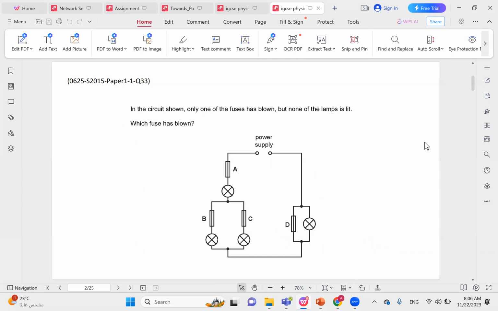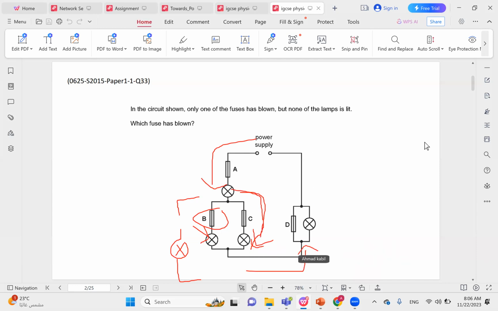If I remove B, if I remove this fuse here, then this will be an open circuit. So the lamp here will not light up because there is no current, but the current will flow through C normally, whether up or down, depending on the direction of the current. It will be able to flow through C normally, and therefore will flow this way, and then that way, and then back to the power supply.